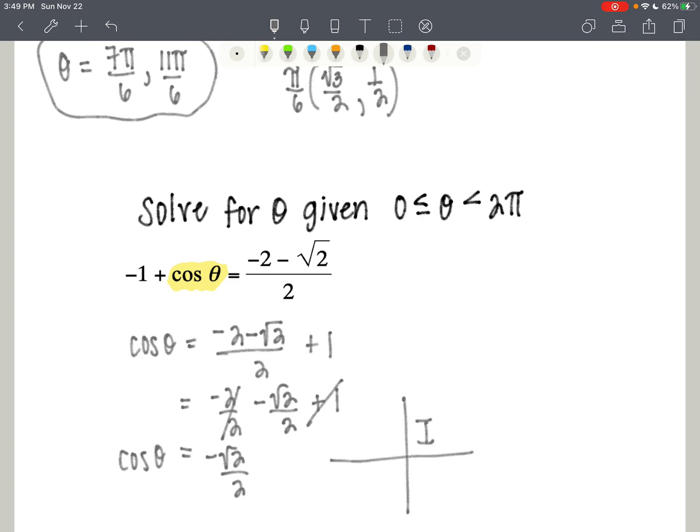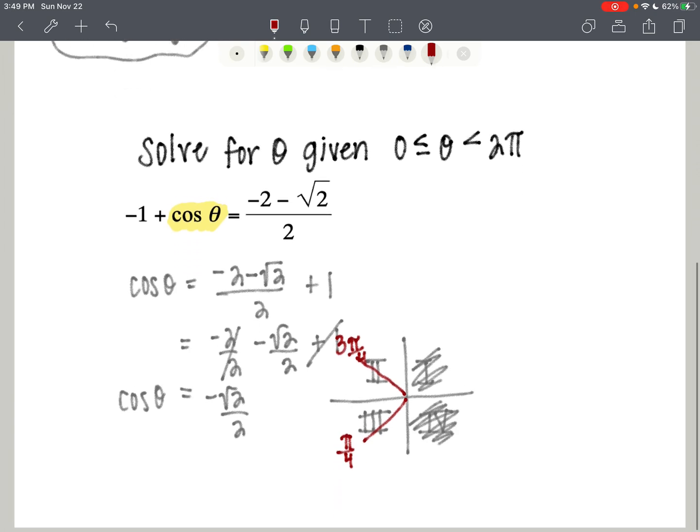Now, in what quadrants will we have a negative ratio for cosine? Well, that happens in quadrants 2 and 3. And the angle in quadrants 2 and 3 that give us a ratio of square root of 2 over 2 is our pi over 4 angle. And our pi over 4 angle in quadrant 2 is 3 pi over 4.